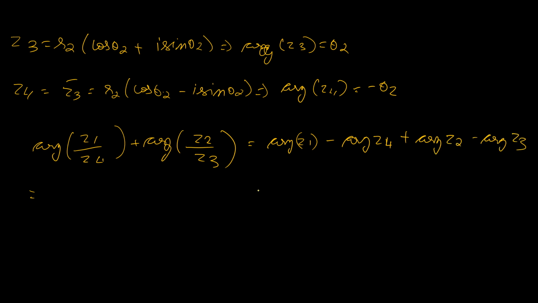Okay, what is argument of Z1? Theta 1, right? Minus argument of Z4 is minus minus theta 2. Plus argument of Z2, it is minus theta 1. Minus argument of Z3, minus theta 2. Okay, this will be plus here, so this and this cancel, this and this cancel.